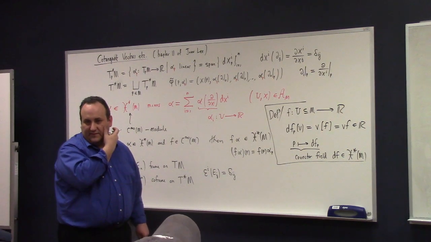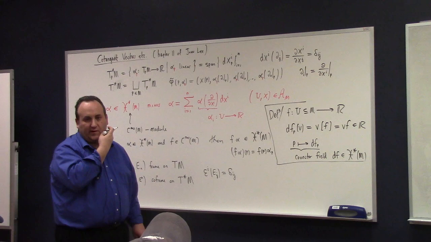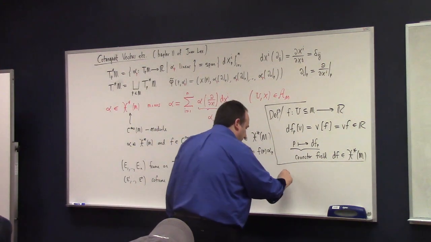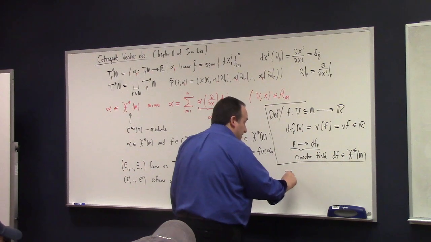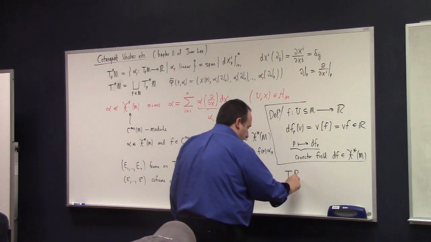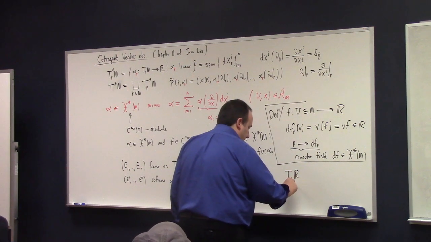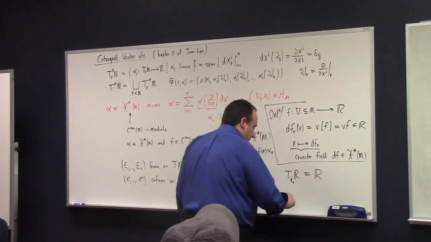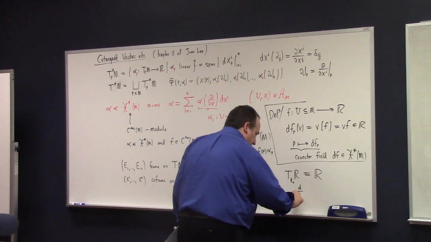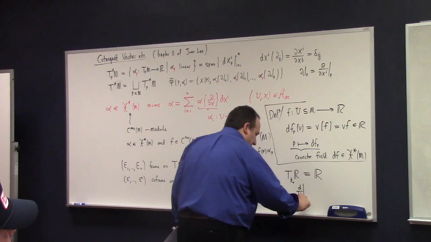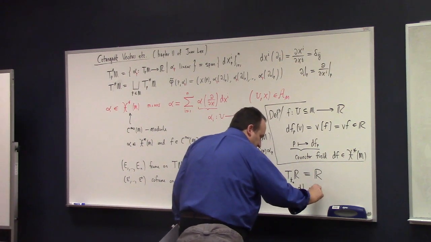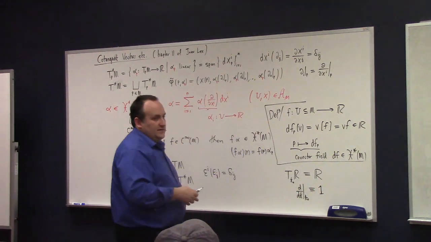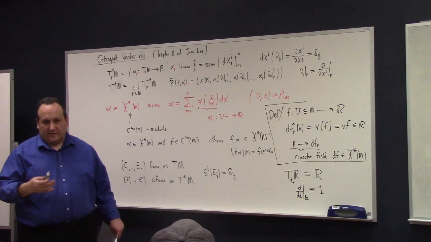So that's a different use of the differential notation than before. As I mentioned last time, it amounts to making the identification that the tangent space to the reals at a point, let's say t naught, is just identified with R itself. Basically, what's going on is we're saying d/dt at t naught is identified with just the number 1. So you do need to keep that in mind in order to be completely consistent with the formalism.